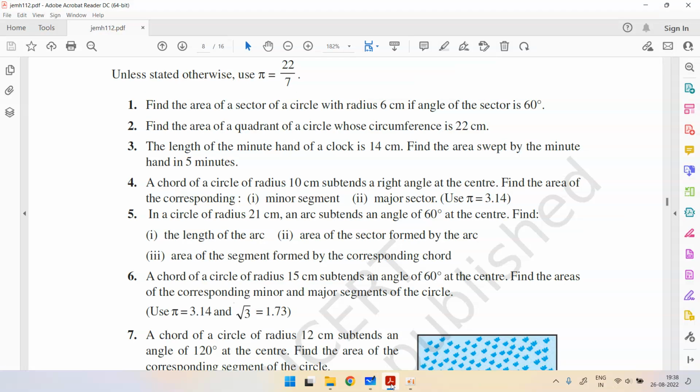So for some chord, some length of chord, for radius 10 cm, it subtends 90 degree at the center.